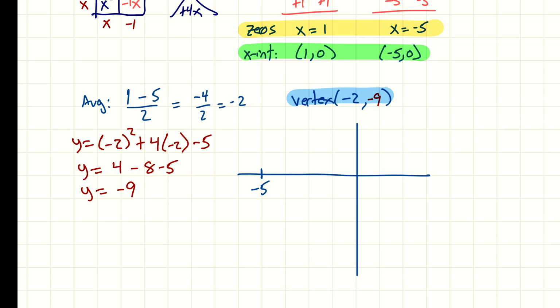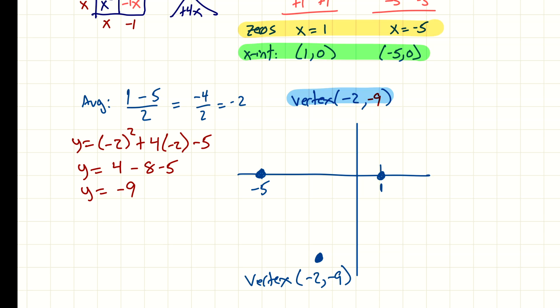And I have a positive 1, and I'm just going to call this positive 1. I'm just ignoring these boxes. And I have negative 2, negative 9. So negative 2 is going to be somewhere in the middle, and negative 9 is going to be somewhere down here. So I'm going to pick a point that's pretty low, and I'm going to call this negative 2, negative 9, which is our vertex.